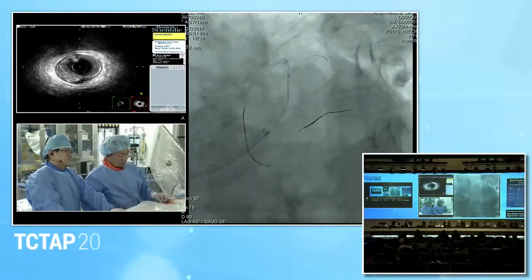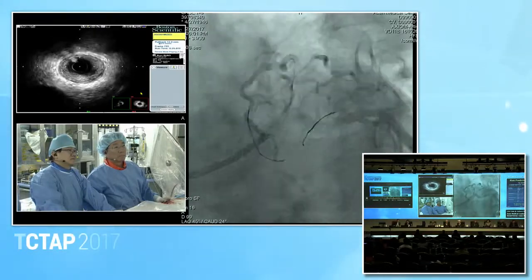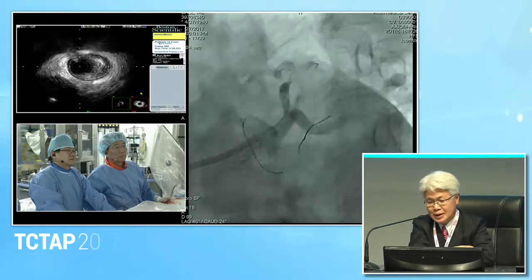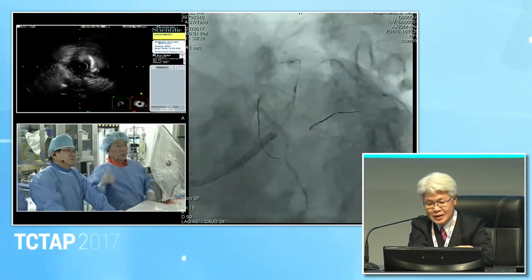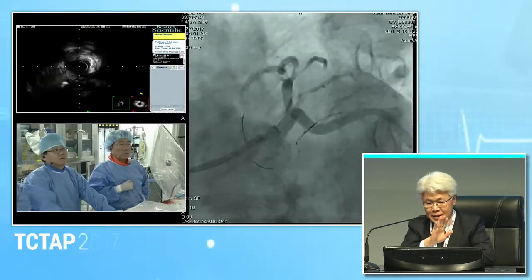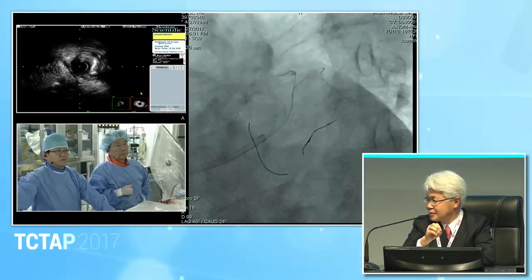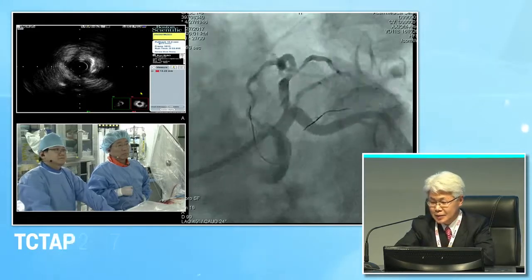Yeah, in this case, the lesion is very tight. If we try to do the OCT, we need a pre-dilatation, right? So at that time, IVUS is much more convenient. And in this case, the plaque is the opposite compared with an ordinary case. In LAD, the plaque is on the diagonal side.